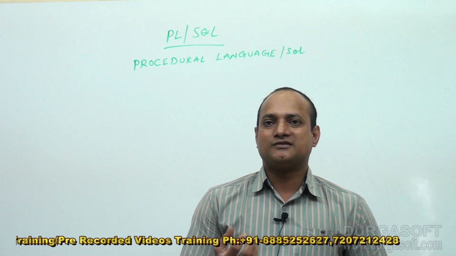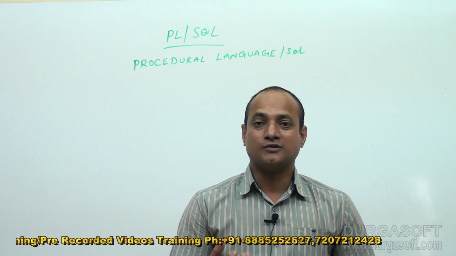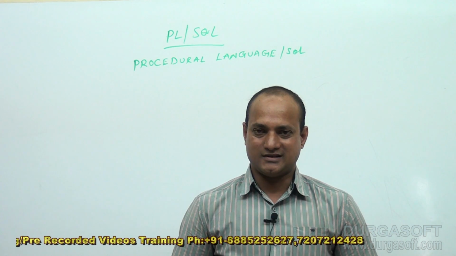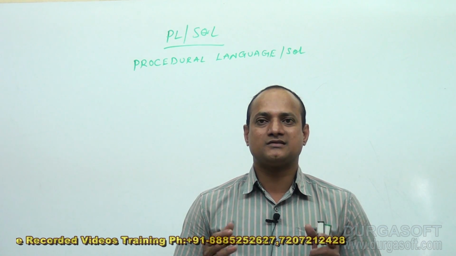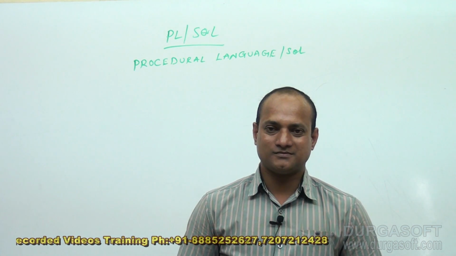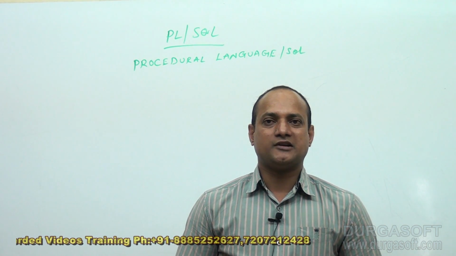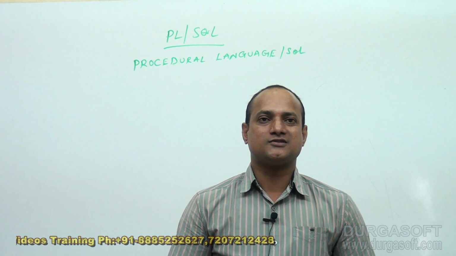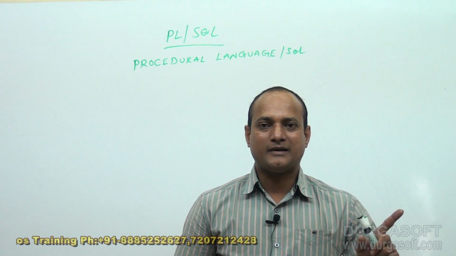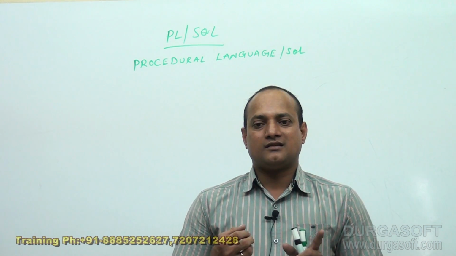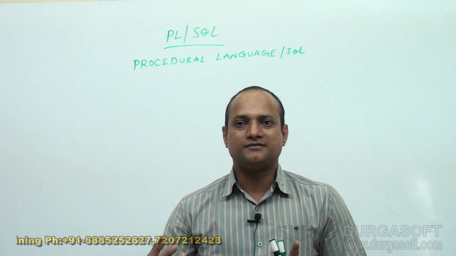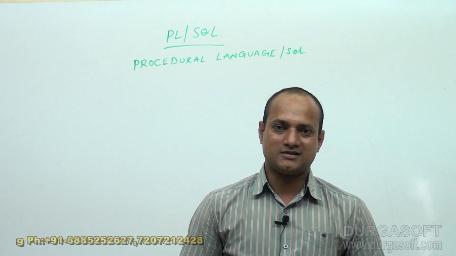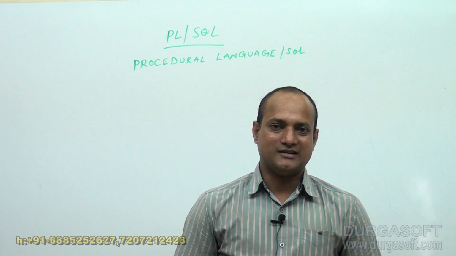That is called programs, PL/SQL procedures. They are already stored in the database server. What is the responsibility of PL/SQL objects? If you perform some action in the web page, the respective result will come from the backend database server. Remember this.